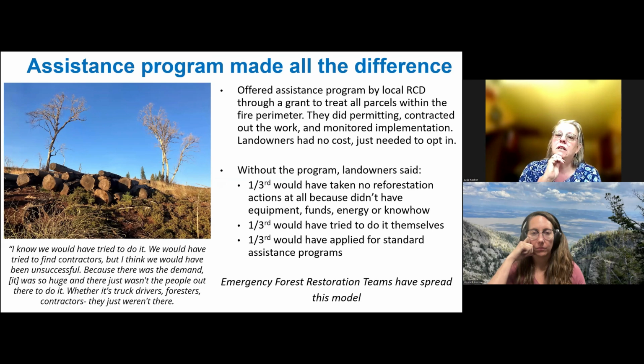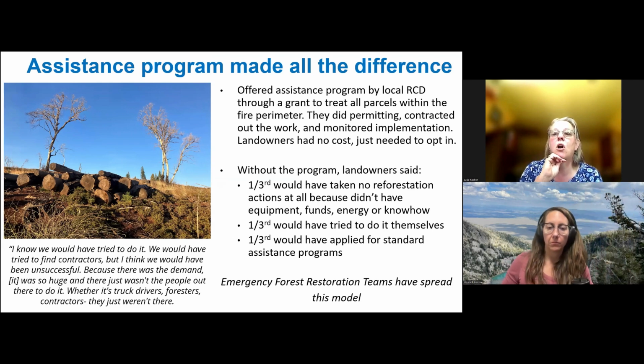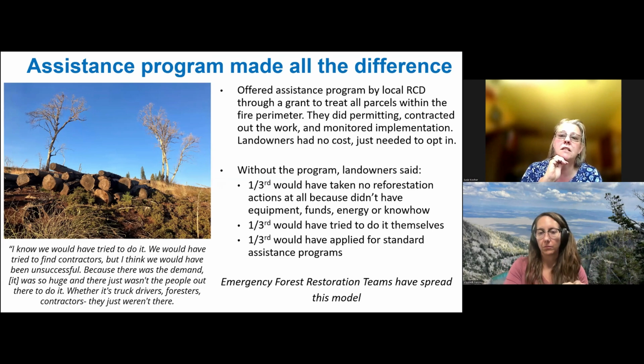So the study that we did looked at an assistance program that was offered by a local RCD, and what they did was apply for a grant, and they used that to take an area-wide approach to treat and offer an assistance program to all the parcels within the fire perimeter. And so what that means is they did the permitting, they contracted out the work, and they monitored implementation.